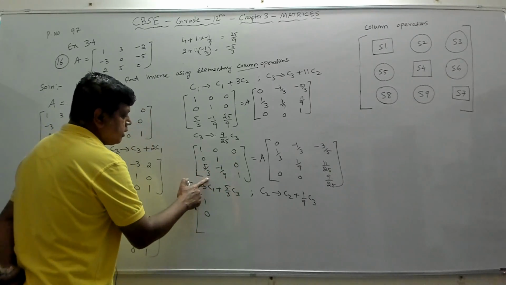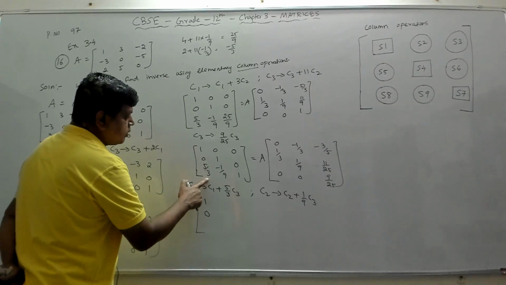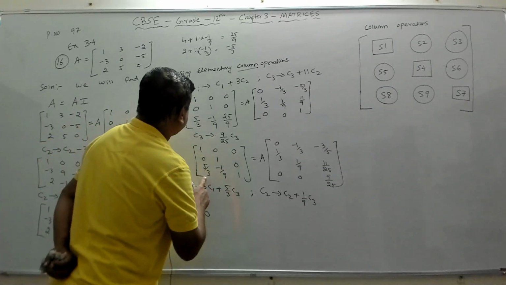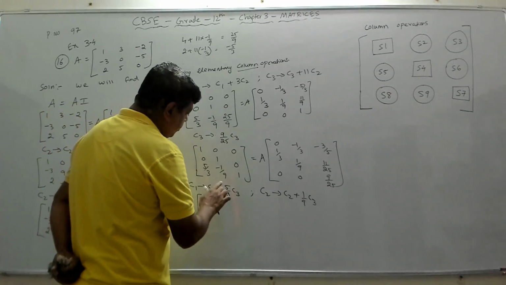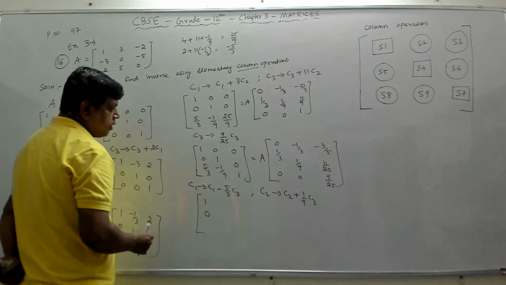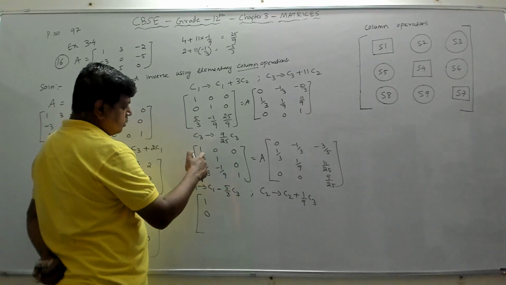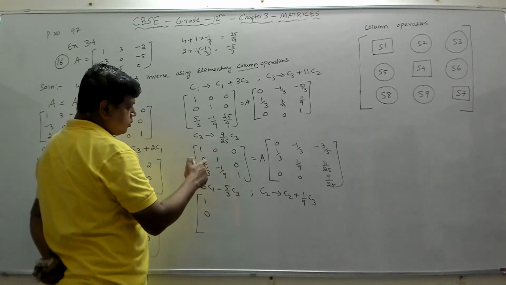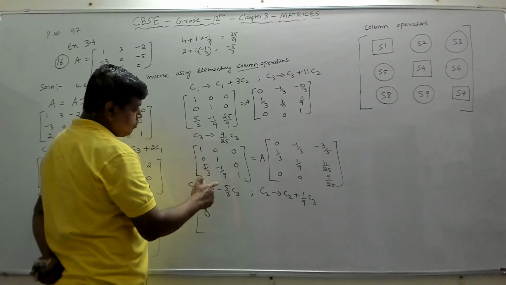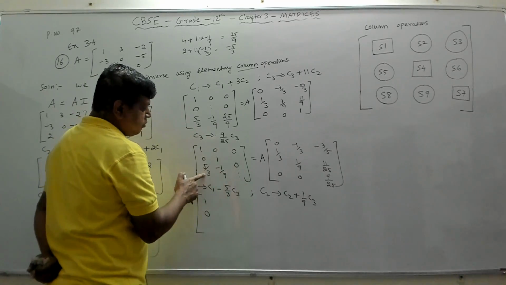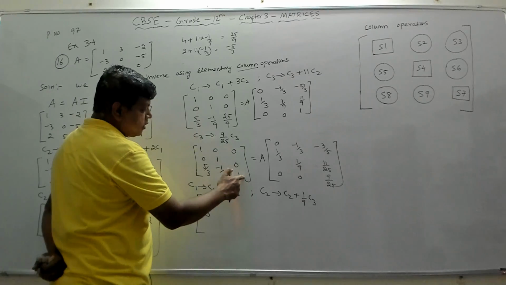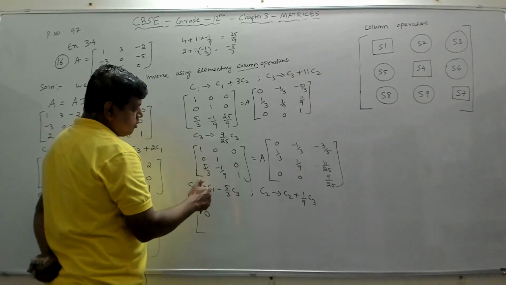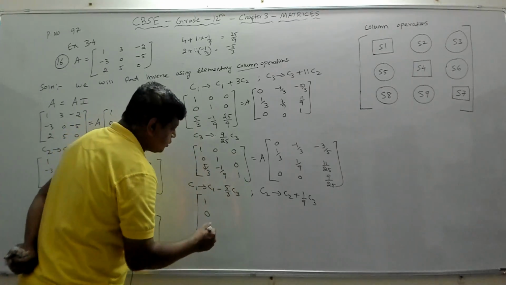Now 5 by 3, oh, I have to put minus. We cannot put plus, we have to put minus here. So 1 minus 5 by 3 of 0 is 1. 0 minus 5 by 3 of 0 is 0. 5 by 3 minus 5 by 3 into 1. That is C1 minus 5 by 3 into C3. C3 is 1. So 5 by 3 minus 5 by 3 is 0.